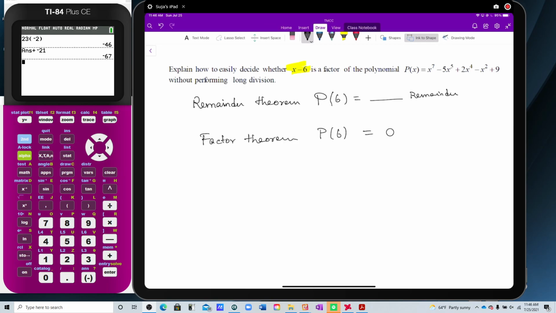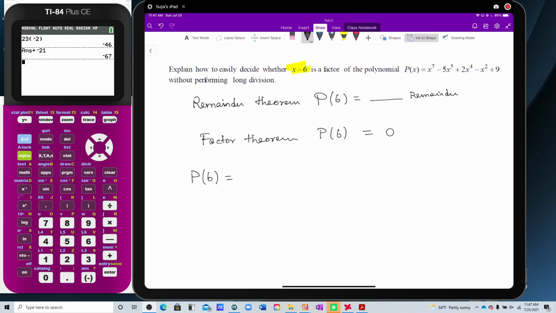So here the question is asking, explain how to easily decide whether x minus 6 is a factor of the polynomial. So if I find p of 6, and if I get an answer 0, then I can come to the conclusion that it is a factor of this polynomial.